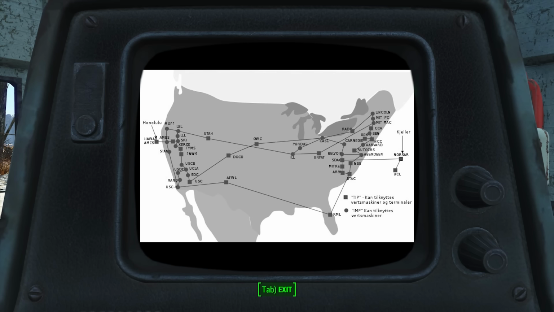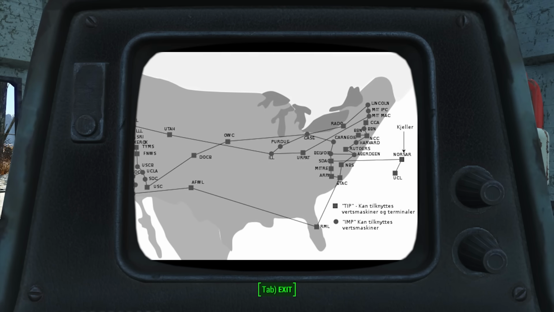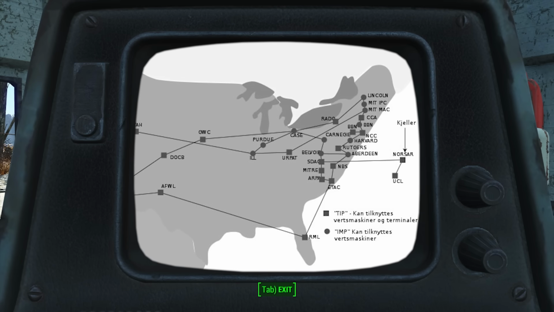ARPANET was primarily used by researchers who would go on to expand the network and increase the number of nodes, even giving it transatlantic reach by connecting to the University College London and the Norway Seismic Array via a satellite connection.